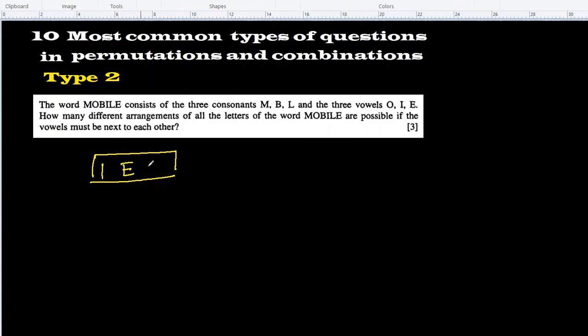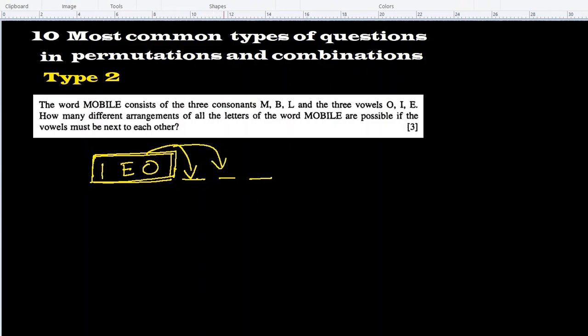I, E and O are the 3 vowels. Now the remaining are 3 consonants M, B, L. That means whenever these three vowels move, they move together. So if they take the second place, they will take it together, and wherever they go, they will be together.